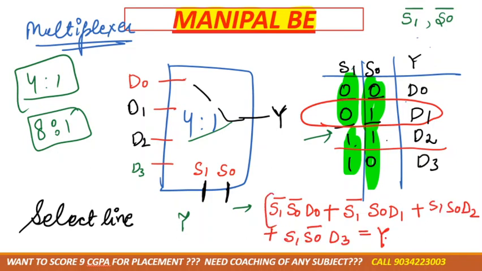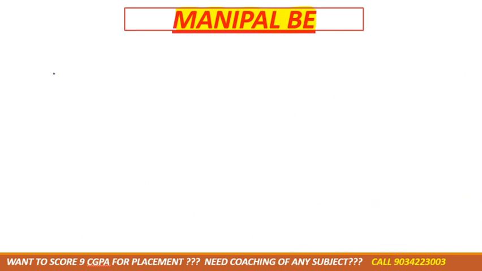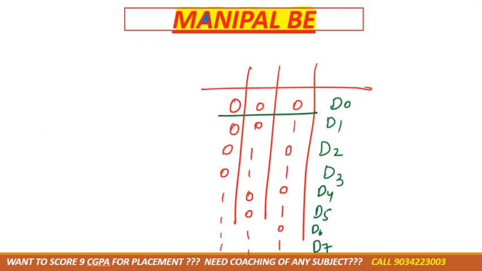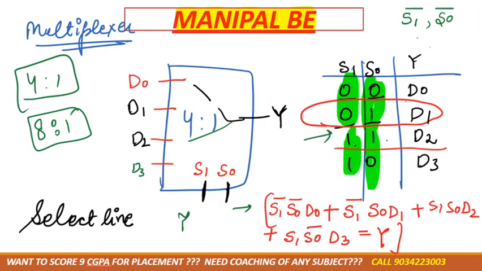After getting the expression, we have to realize this expression with the help of logic gates. Okay? So we'll have mainly two inputs, S0 and S1. Correct? So if I'm drawing the first one for you, S1 bar, S0 bar and D0, they all are multiplied. For the multiplication, it will be connected to the AND gate, right?